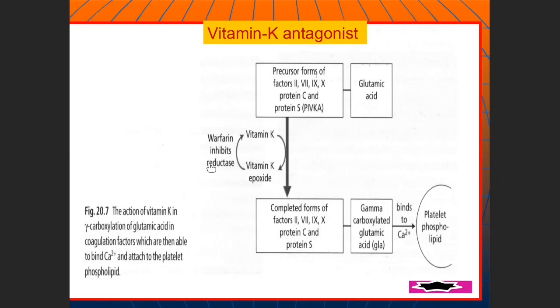Is it clear? Clear how warfarin acts as a vitamin K antagonist and how it acts as an anticoagulant by interfering with the formation of the active forms of the coagulation factors. Okay, it inhibits the conversion of the inactive vitamin K epoxide into active vitamin K. This is by inhibiting the reductase enzyme.